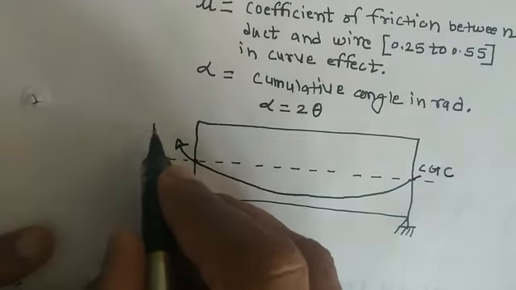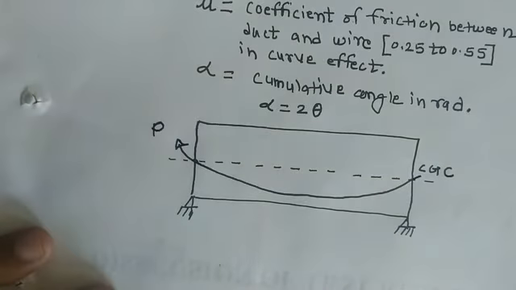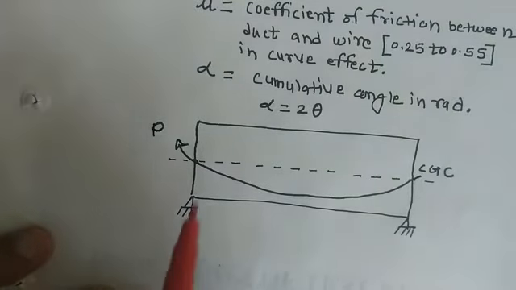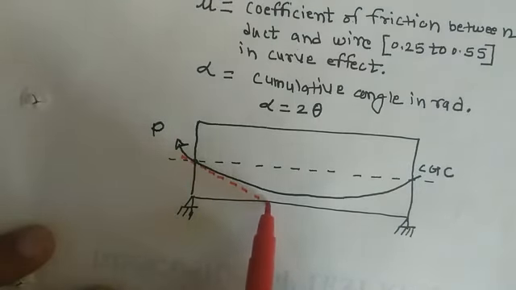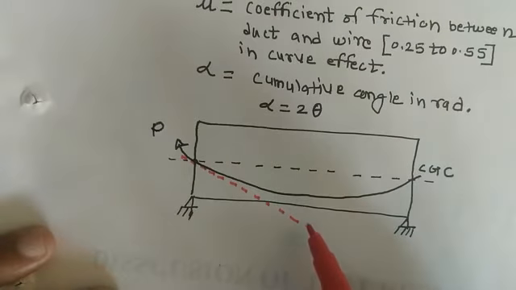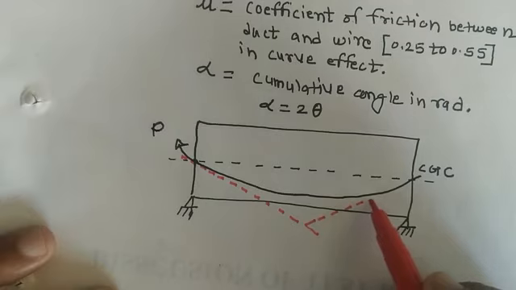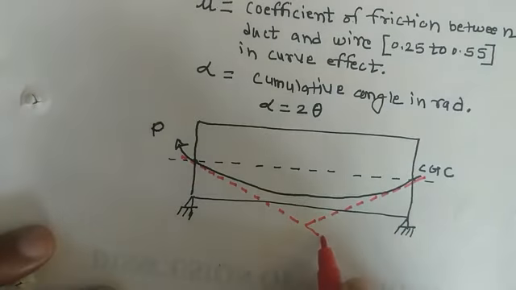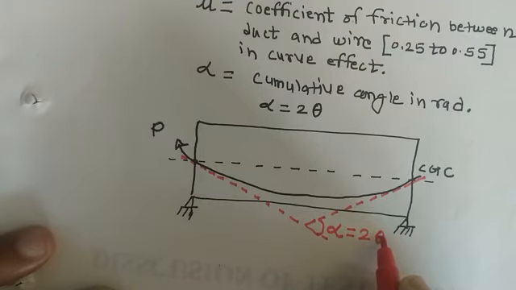So if you provide the prestressing force P here, if you take the tangent from this end, and tangent from this end, the angle made by both tangents is nothing but the alpha, and alpha is equal to double of theta.